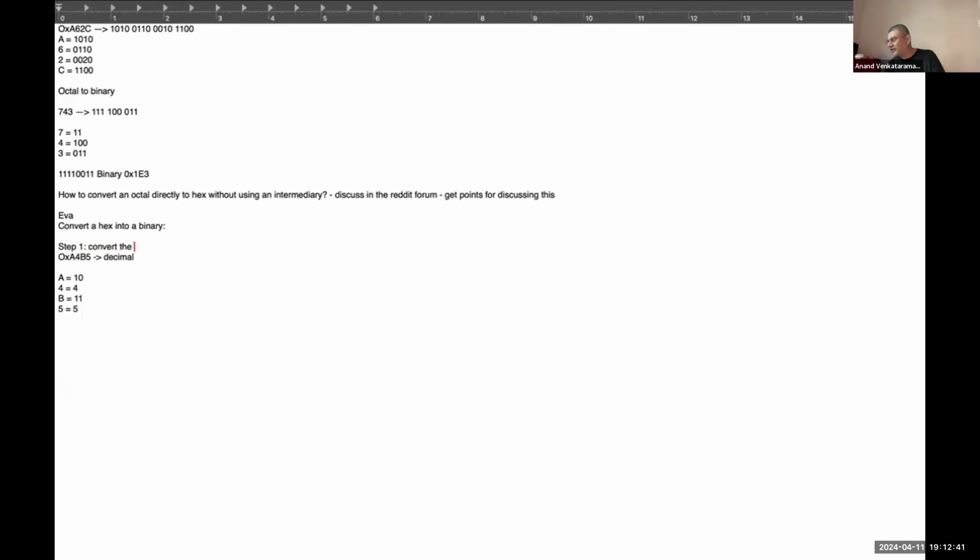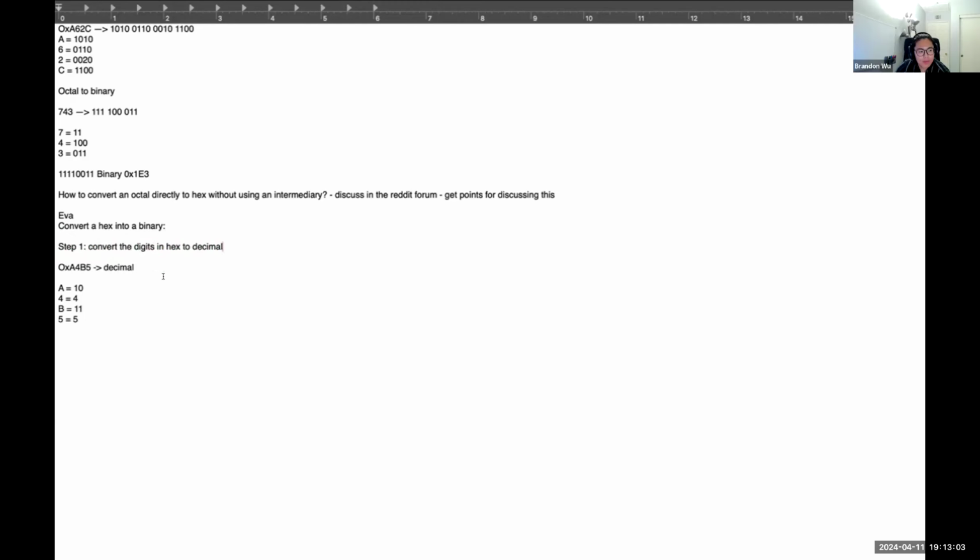If you say converting the hex to decimal, it means you're converting the whole number, which is given to you in hex, into decimal. That's not what you're doing. I understand what you're trying to say, but you've got to find a better way of saying that. For now, you've got to say take the digits and convert them.